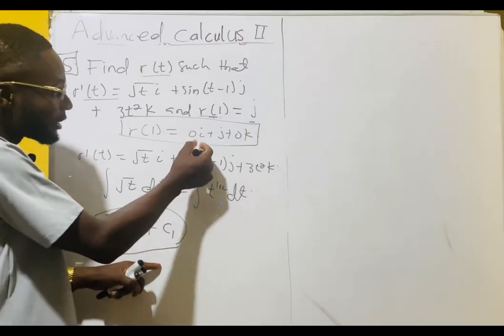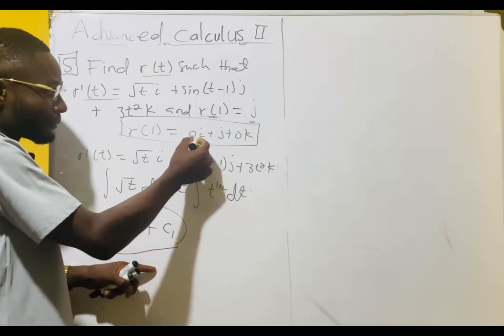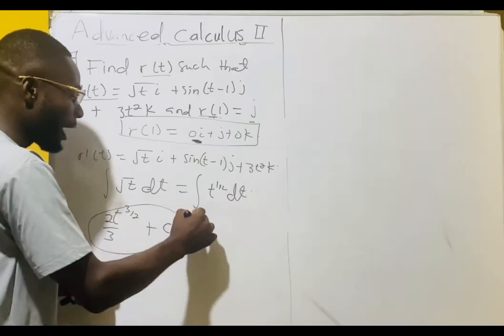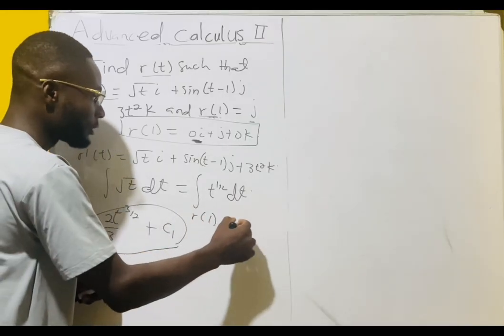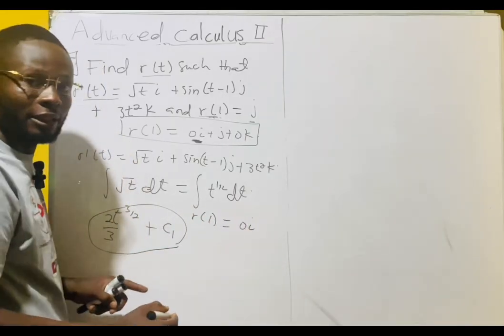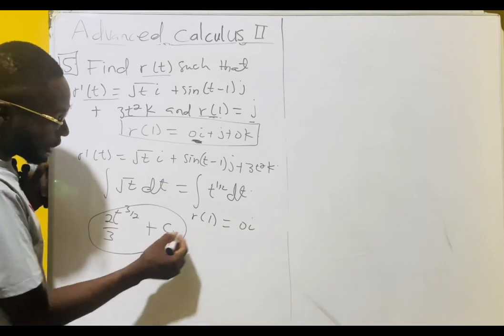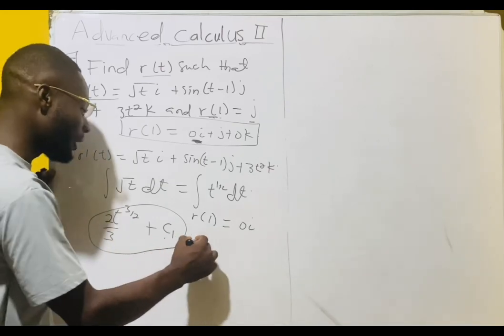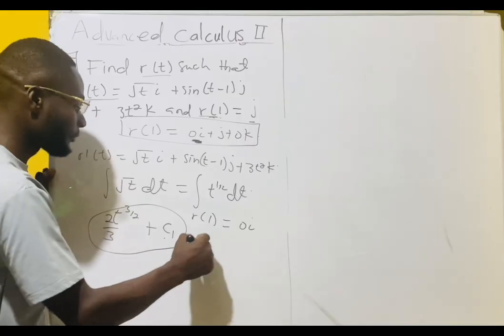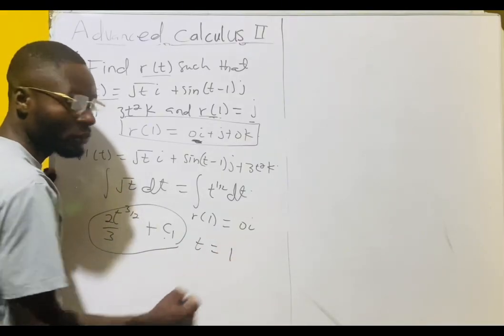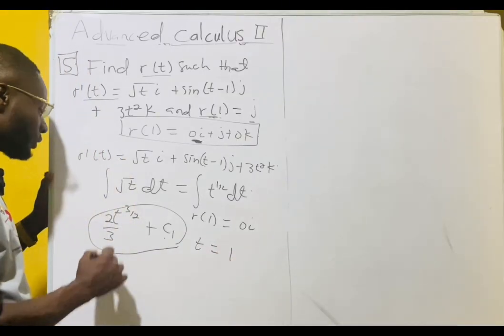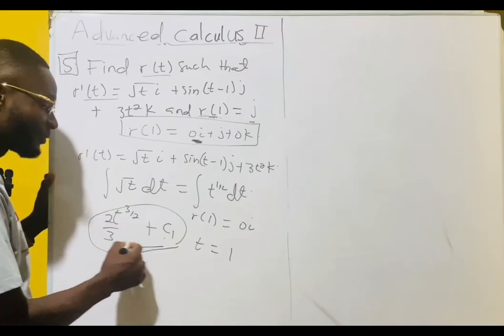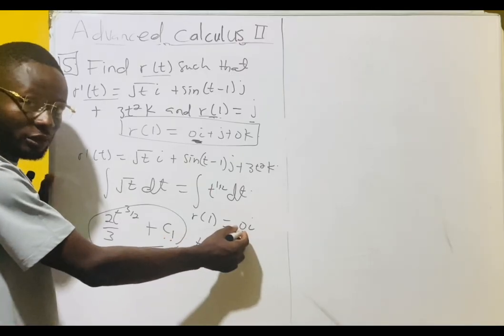Okay, now this is what we have for the i component. So it means that we have to substitute r of 1 equals 0i, so that we can find a constant c1. So our t is equal to 1, right? So we put 1 in this to find the c and equate it to 0.